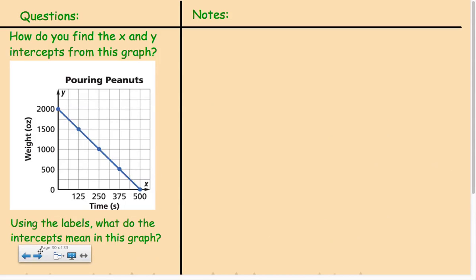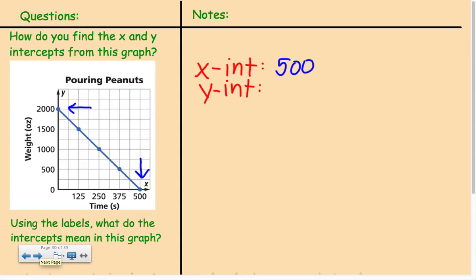Now we're pouring peanuts. X-intercept, Y-intercept. My line crosses the x-axis right here at 500. My line crosses the y-axis right here at 2,000. Name those coordinate points.